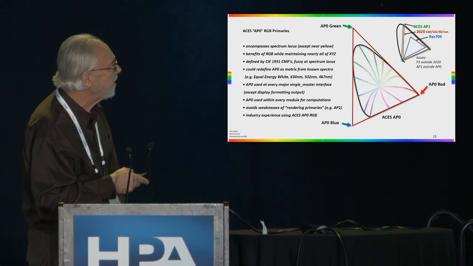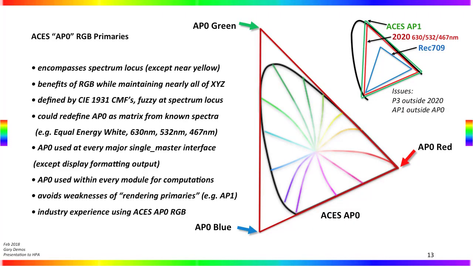It would be possible to define AP0 as a matrix from 2020's spectral definition. 2020 has a chromaticity definition, but it also has a wavelength definition.